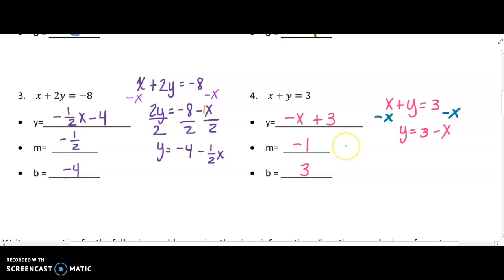How many of y'all put a 0 there? What number's in front of that x? Because that's really your slope. Yeah, it's a negative 1. Yep. And so your y-intercept is 3. Okay? All right. Let's move on.